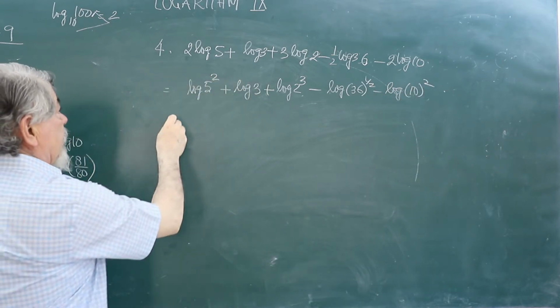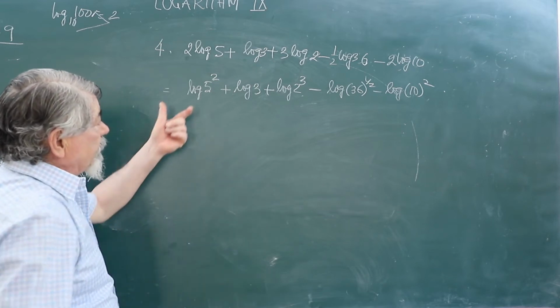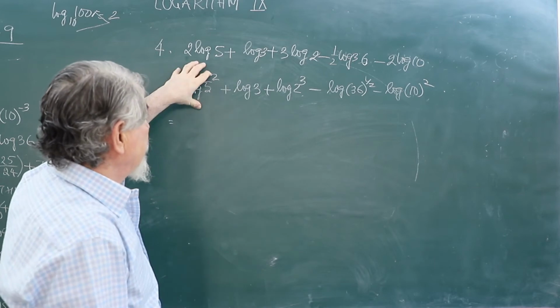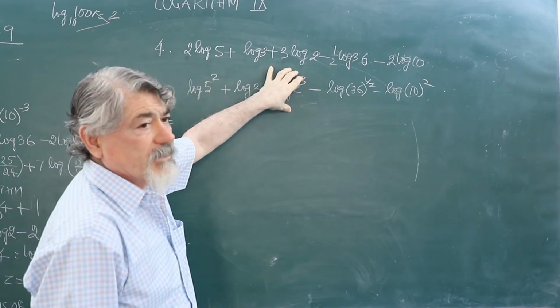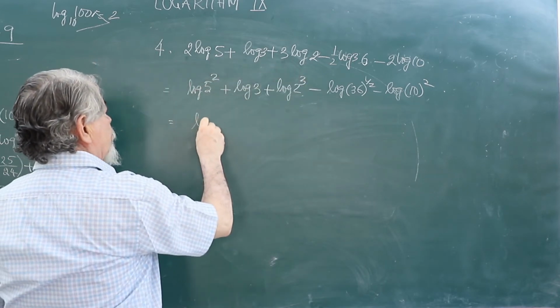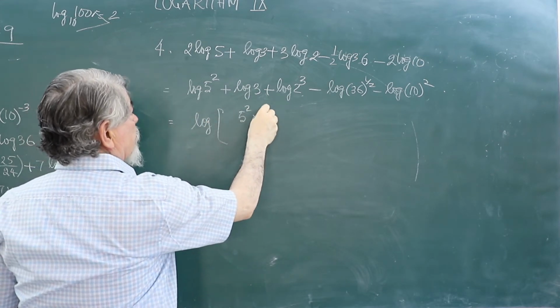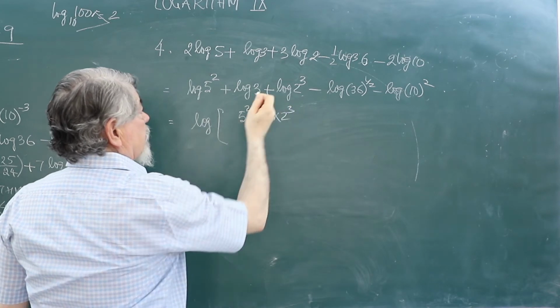Now whatever is the addition will convert into multiplication. This plus this plus this will convert into multiplication. That is log 5 to the power 2 into 3 into 2 to the power 3.